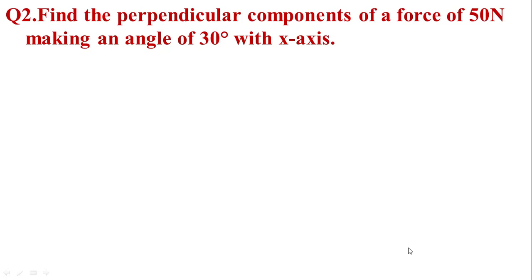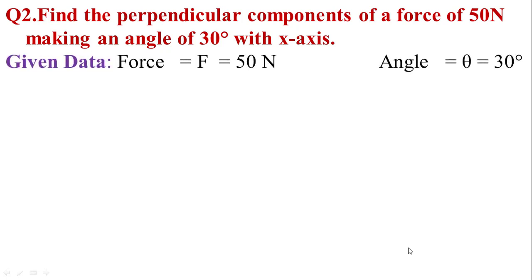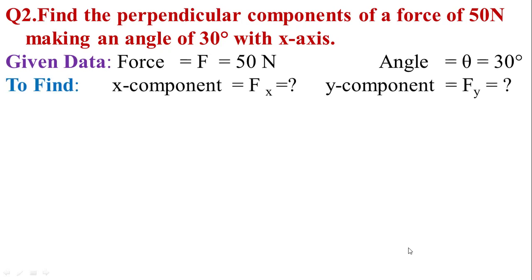The given force is F equal to 50 Newton and the angle is 30 degrees along the x-axis. Now we write the given data: F is equal to 50 Newton and angle theta is equal to 30 degrees. For the x component, we have Fx is equal to question mark, and for the y component, Fy is equal to question mark.